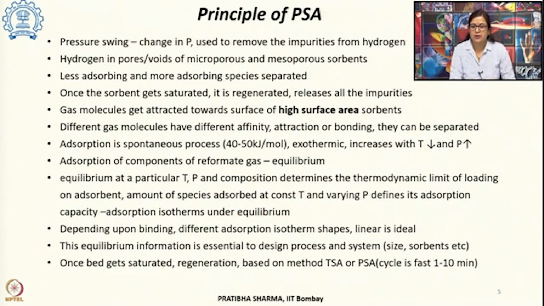Now, this adsorption isotherm, depending upon what sort of bonding, what sort of attraction the molecule feels towards the surface, will have a different shape. So, different shapes for adsorption isotherms can be obtained, but the preferable one for pressure swing adsorption is that it should be linear. That is what is ideally required.